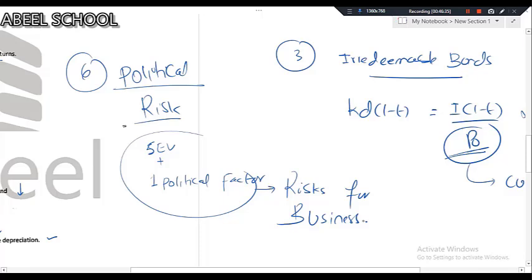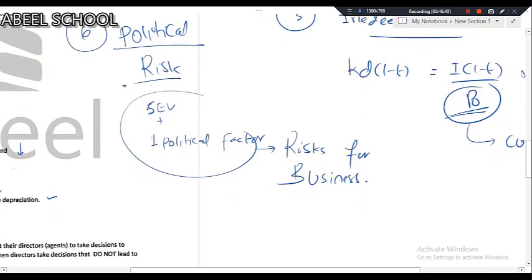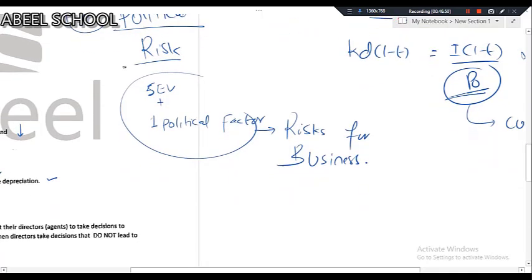But having said this, let me tell you one thing. All of these 5 economic variables and 1 political factor, all of these altogether 6 things are risks for business. And if they are risks for the business, then there should be a measure of business risk.